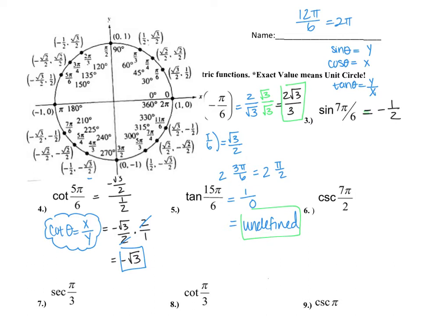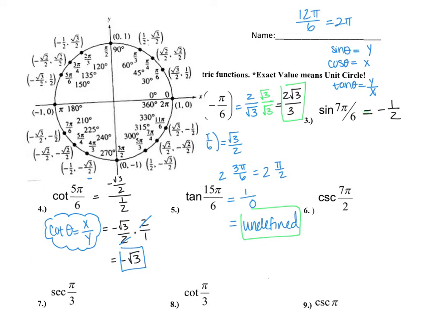So for cosecant here, we have 7 pi over 2, and this is also a very large angle. What we can do here is count our way to 7 pi over 2: 1 pi over 2, 2 pi over 2, 3 pi over 2, 4 pi over 2, 5 pi over 2, 6 pi over 2, 7 pi over 2, and then this would be our angle. Here the x is 0 and the y is negative 1.